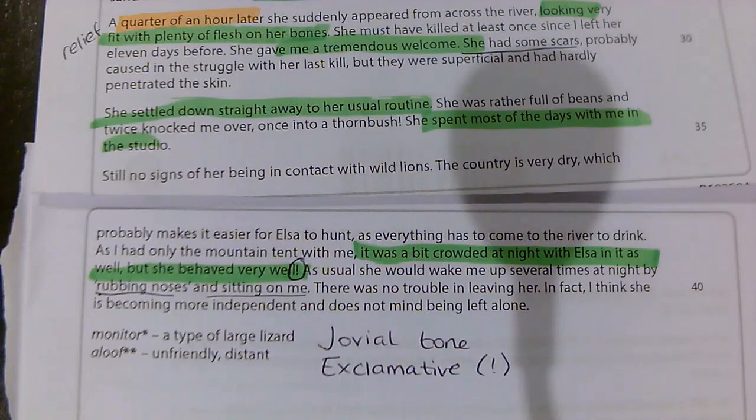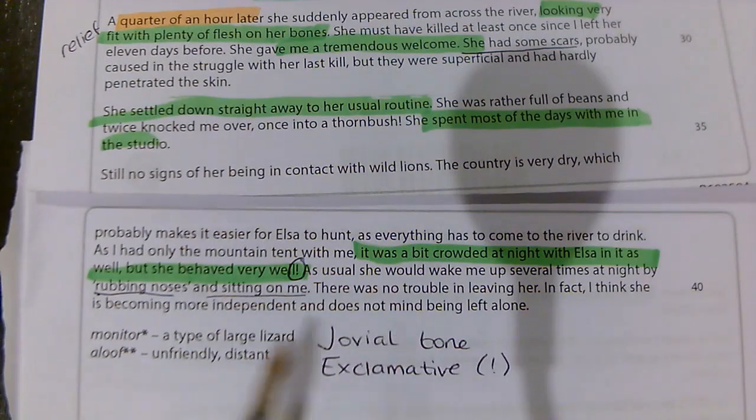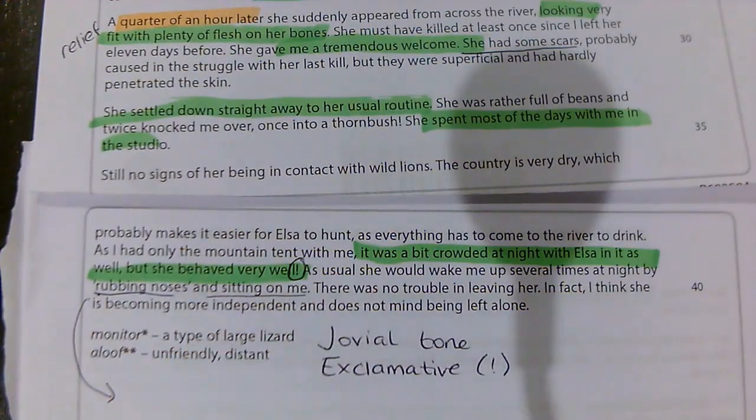We're almost rooting for the relationship, even though we know it's probably in Elsa's best interest that she does return to the wild. But George ends the passage by saying, there was no trouble in leaving her. In fact, I think she's becoming more independent and does not mind being left alone, which really ends the passage.